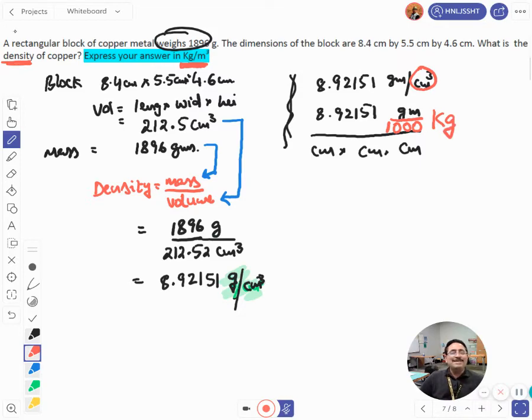Now, how many centimeters are there in a meter? There are 100 centimeters in a meter. Then you will get the answer in cubic meters. You have to take all these things on a calculator. It looks crazy, but it is not so difficult.